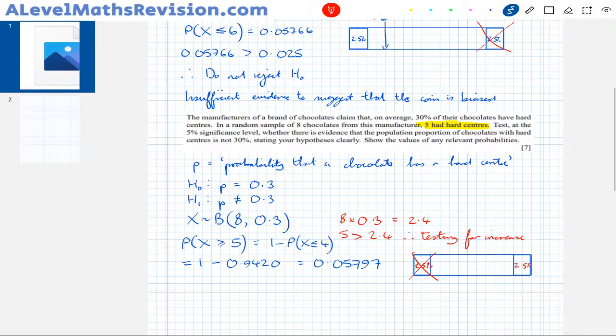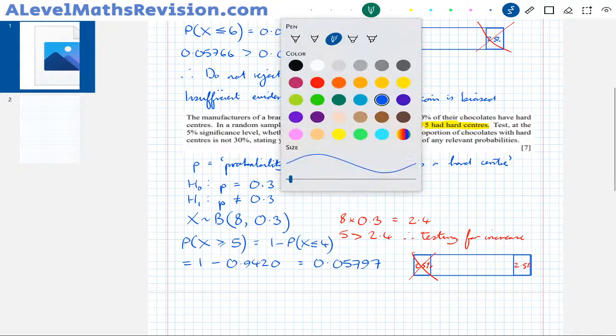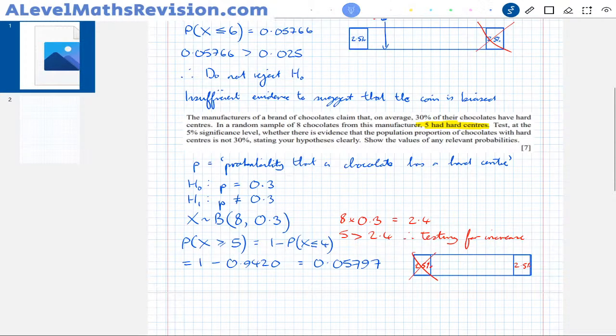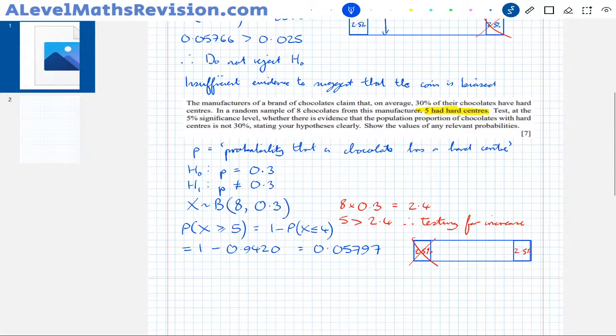We found an increase, so there's no point in testing for the left-hand tail. The fact it's increased has told us that hasn't happened. And now just do our comparisons and conclusions. 0.05797 is bigger than 0.025. Needs to be 0.025 to get a mark.